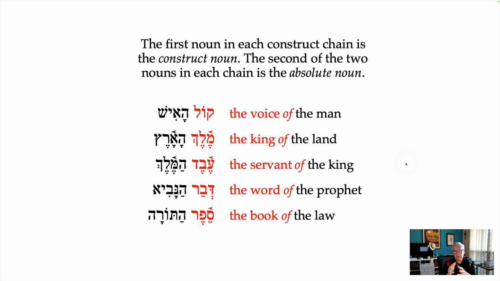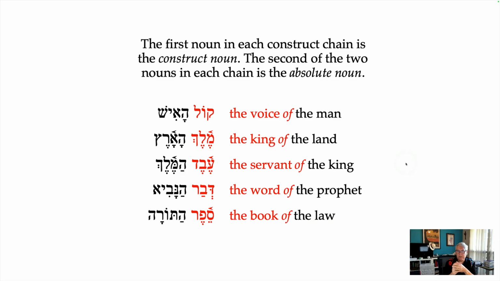So Kol Ha'ish, the voice of the man. Melech Haaretz, the king of the land. Eved HaMelech, the servant of the king. Devar HaNavi, the word of the prophet. Sefer HaTorah, the book of the law.